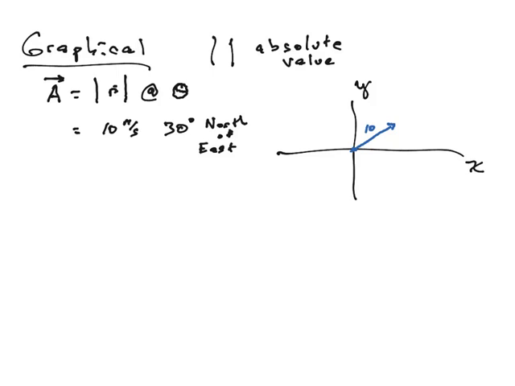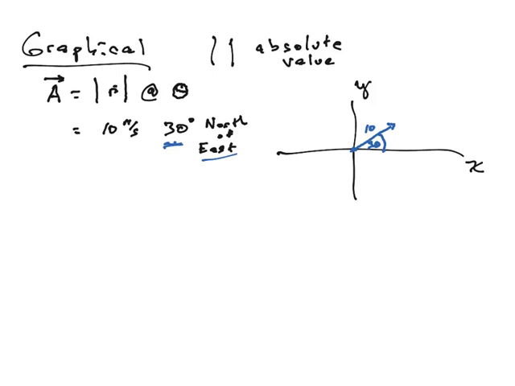And notice that I drew the arrow pointing in a certain direction, and that's because what I did was I said, okay, from the x-axis, the east, I went 30 degrees north of that. So this angle here is 30. So, graphically, this vector A is shown as an arrow. The arrow starts at the origin. It points in a direction given by theta, the 30 degrees north of east.